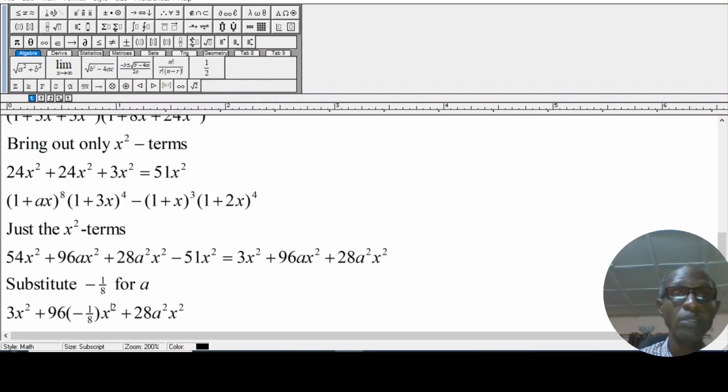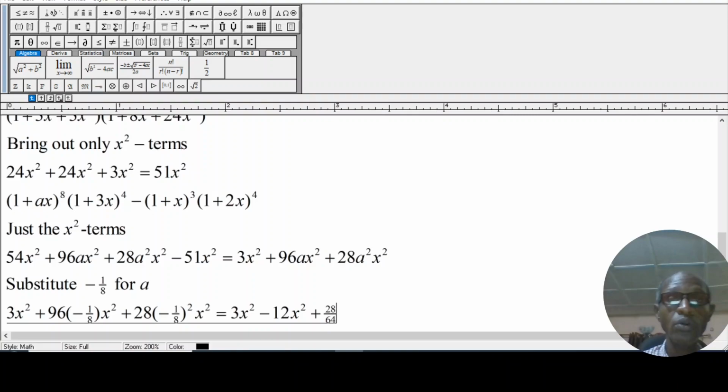No, there's no square there. So that will be 3x squared minus 12x squared plus, that's 28 all over 64 x squared.